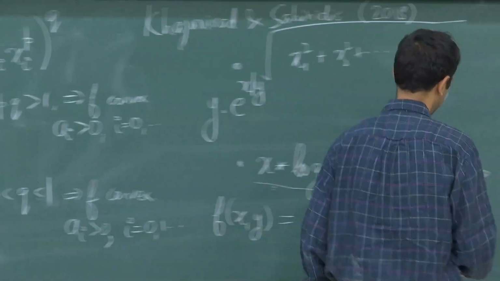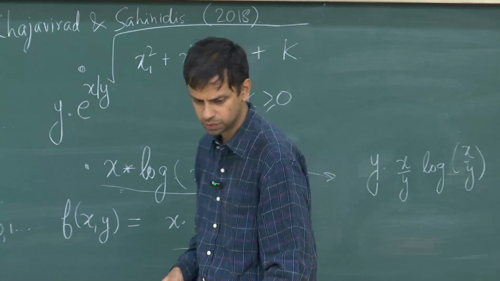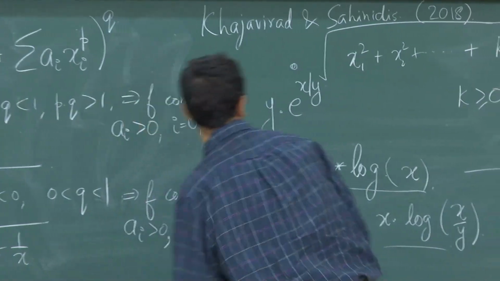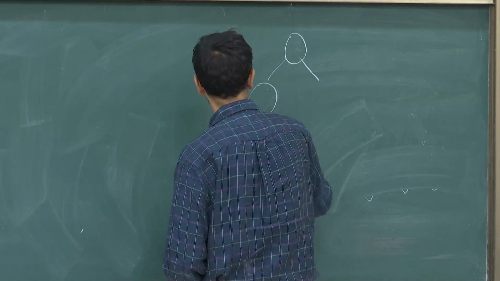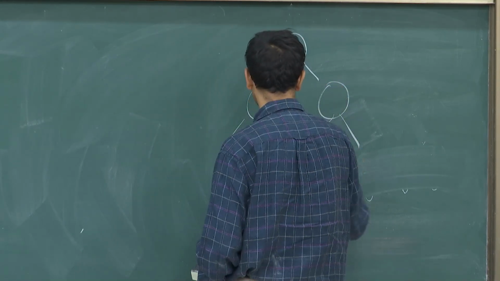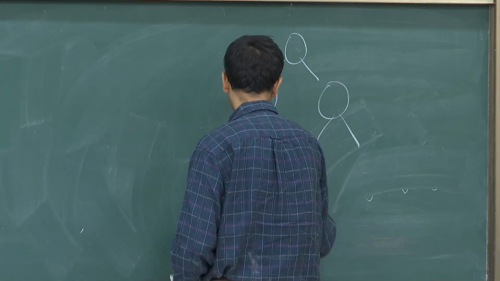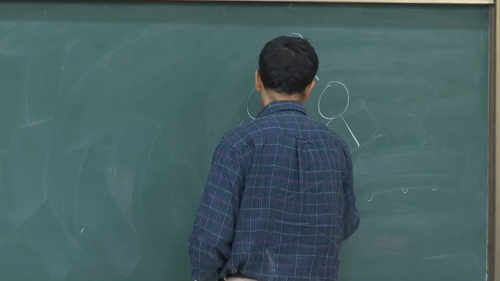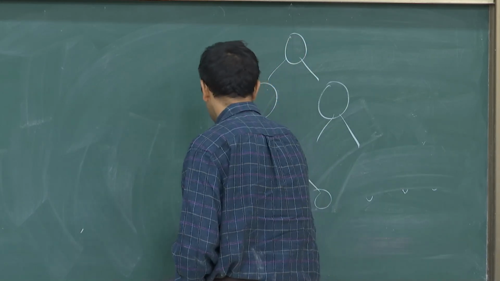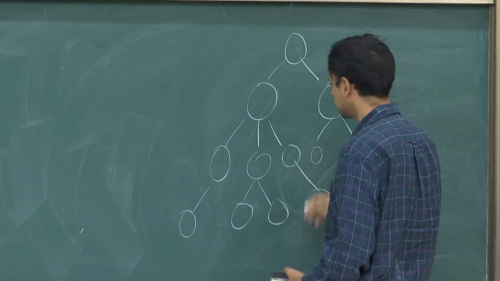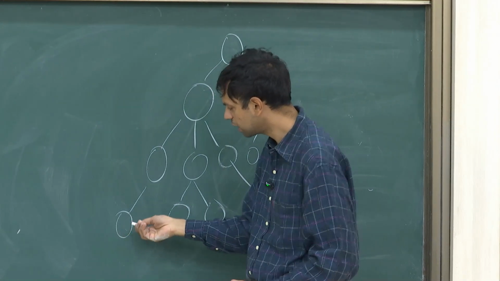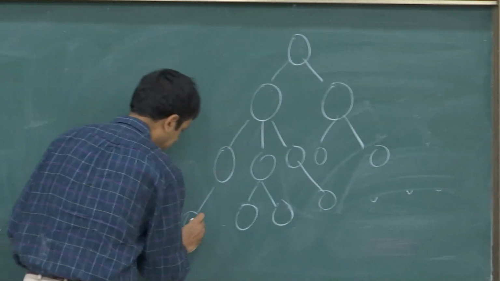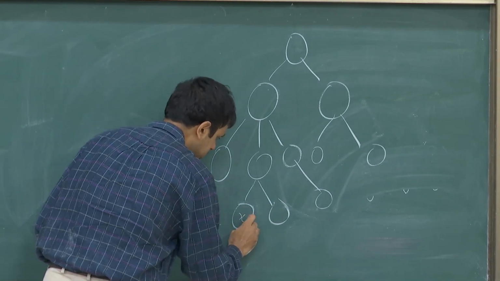If you have your expression graph, you can start from below, and in the beginning at the leaf nodes, you might have some constants or some variables.